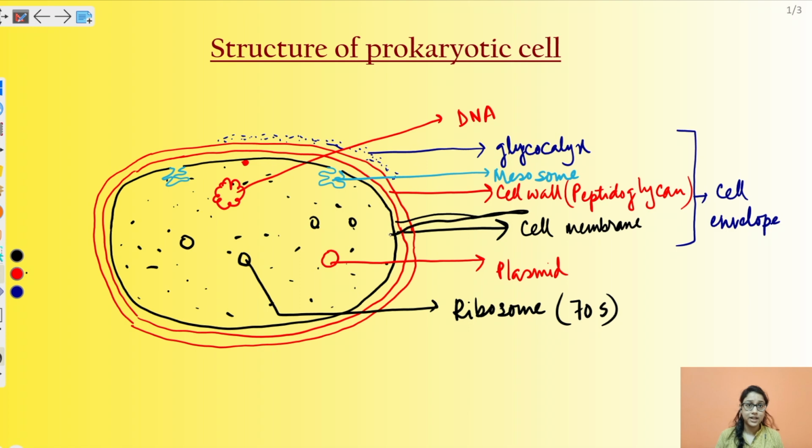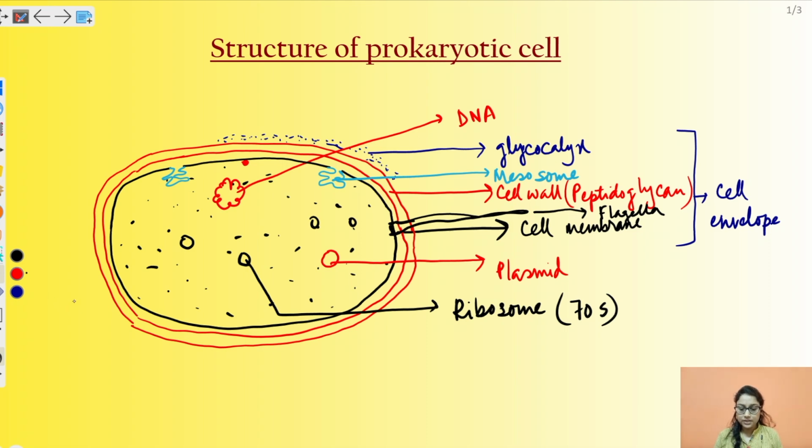This is the filament-like structure, and these structures help in the movement of the bacterial cell. This structure is known as flagella, which helps in the movement of the bacterial cell. This flagella has three parts: a basal body, a filament, and between the basal body and the filament there is a hook.